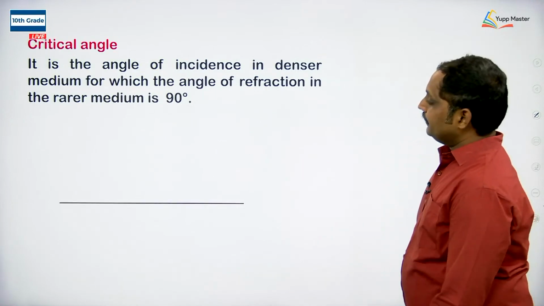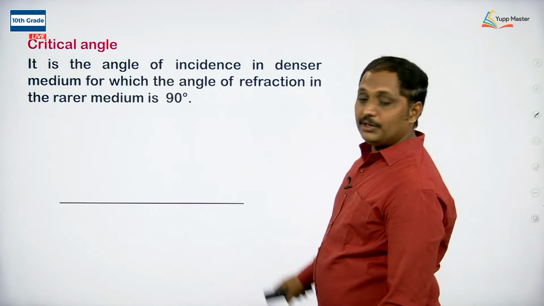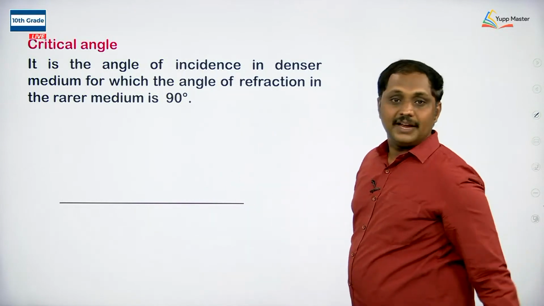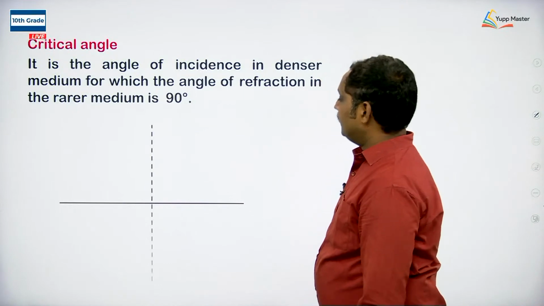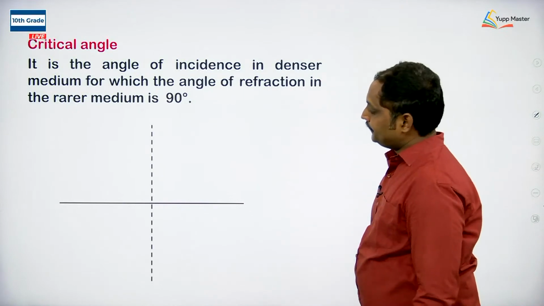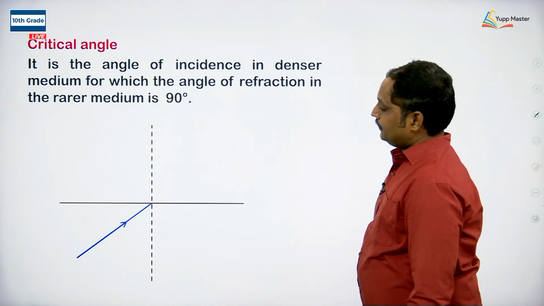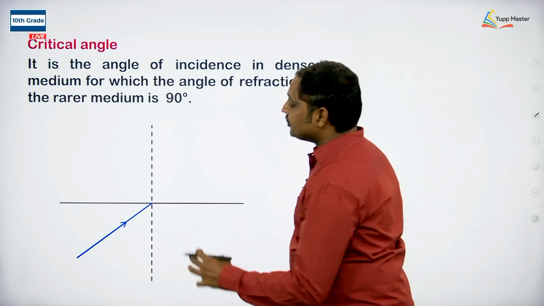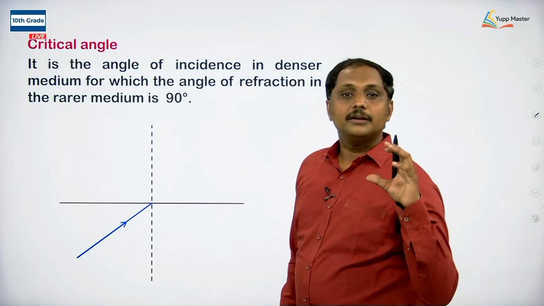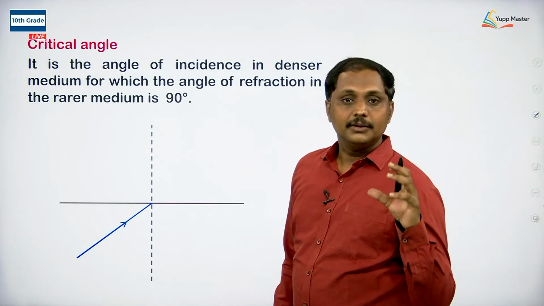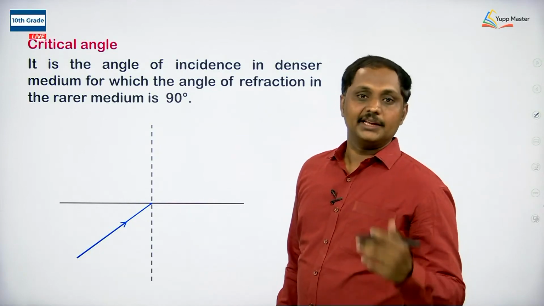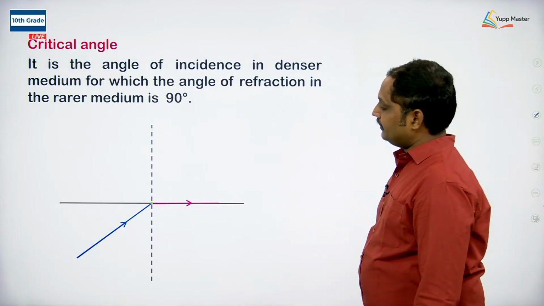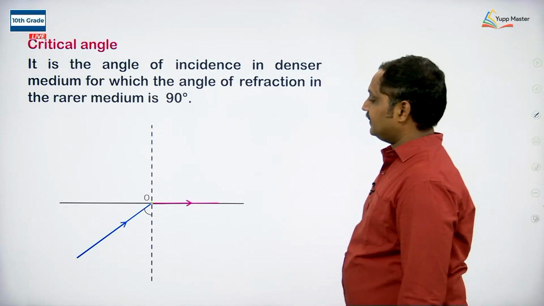So, this is the boundary between the two media, a transparent boundary. This is the normal, and this is the incident light ray. If the incident light ray has an angle equal to the critical angle, then you will get the angle of refraction as 90 degrees.